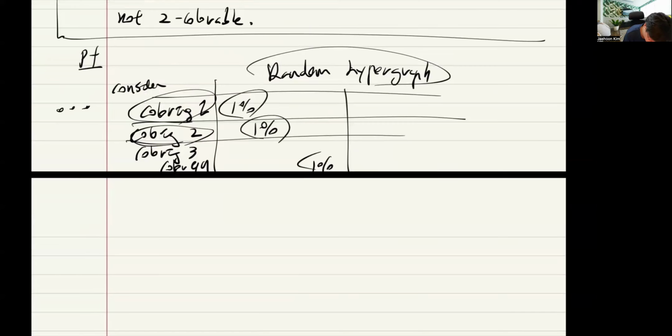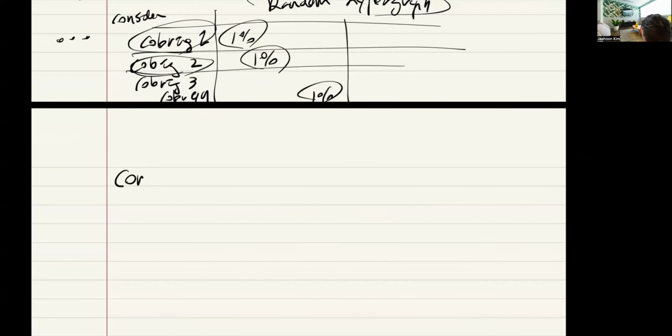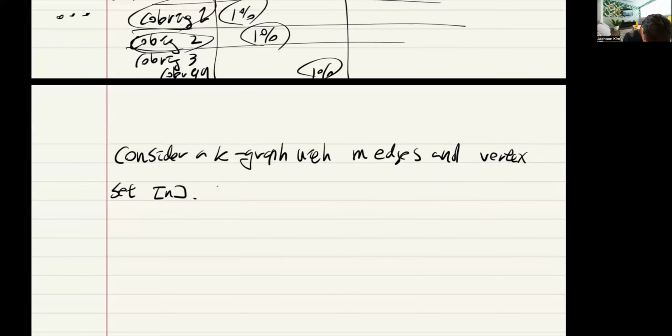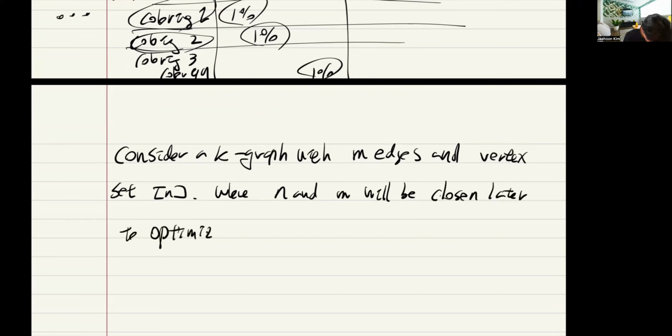So that's the rough idea on how we want to proceed. And first, we want to compute this probability. So we consider a k-uniform hypergraph with m edges and its vertex set being [n], where this n and m will be chosen later to optimize the resulting bound.